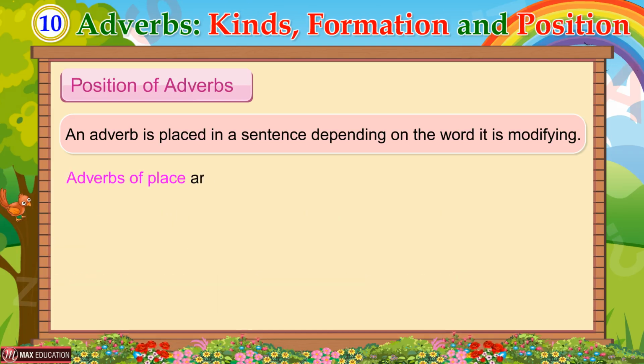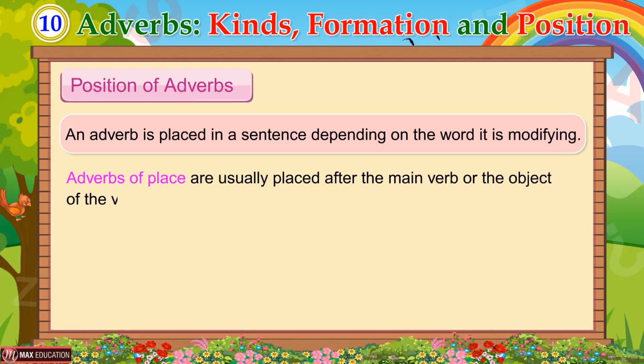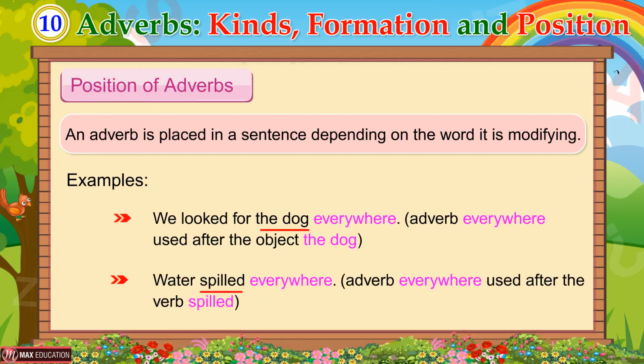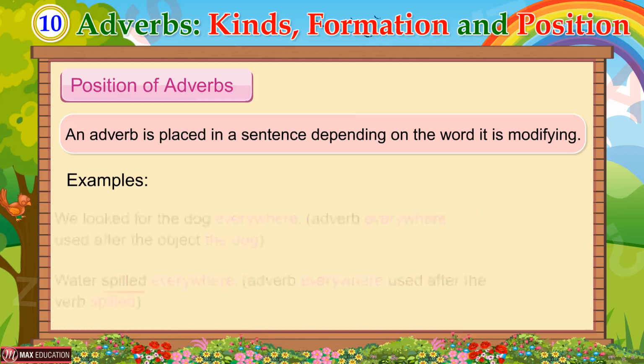Adverbs of place are usually placed after the main verb or the object of the verb. Examples: we looked for the dog everywhere. Adverb everywhere used after the object, the dog. Water is spilled everywhere. Adverb everywhere used after the verb spilled.